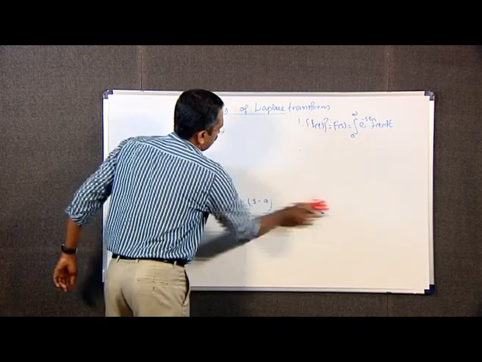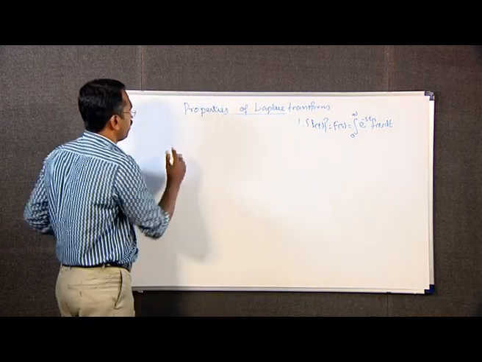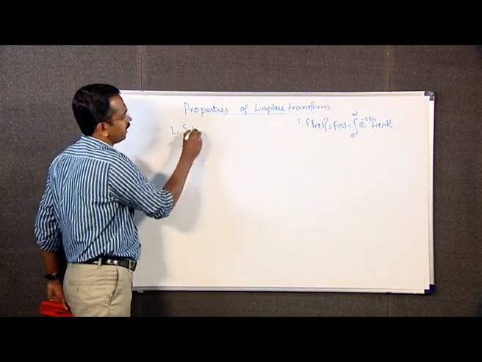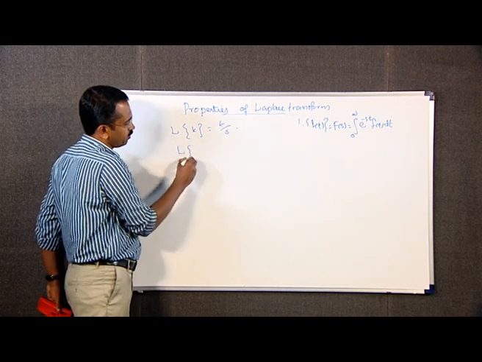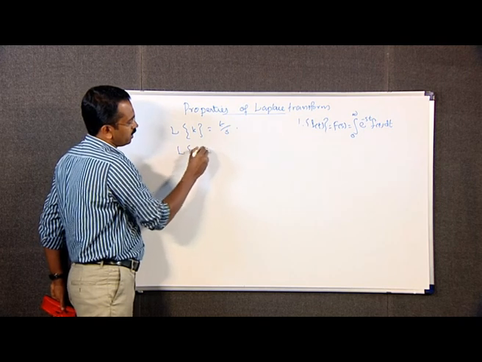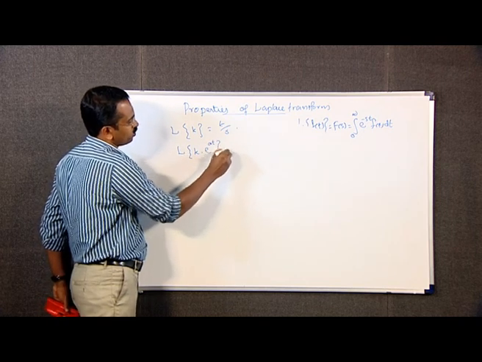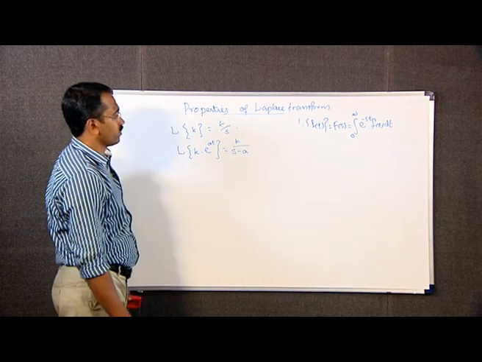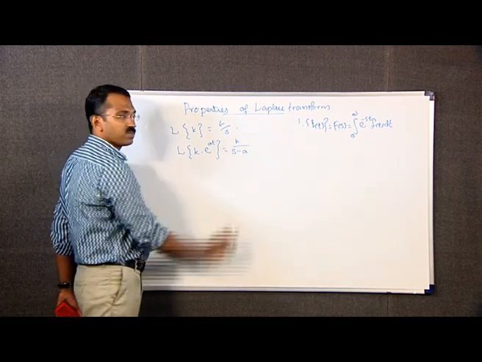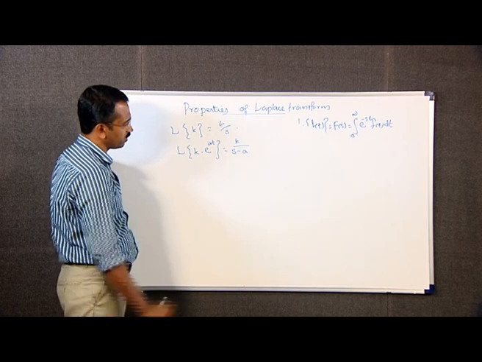Therefore, we know Laplace transform of k is equal to k by s, means Laplace transform of k into e raised to a t is equal to k by s minus a. Just replace s by s minus a by the shifting property.